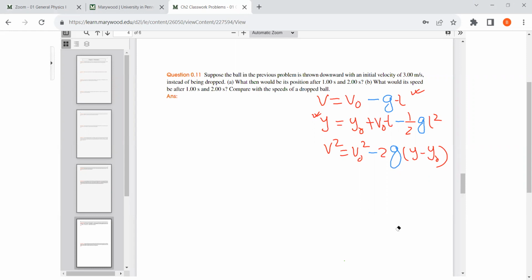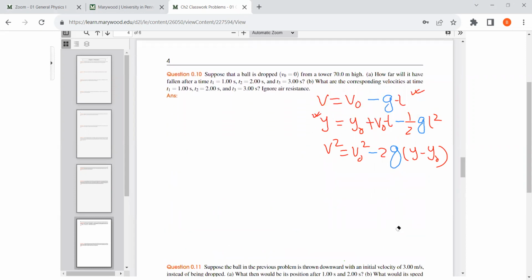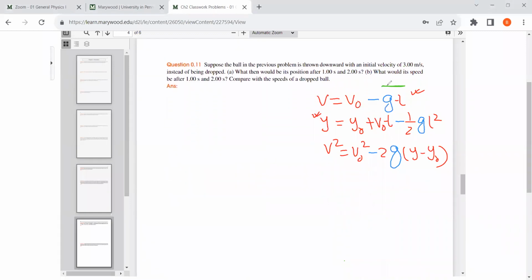But here it asks us to calculate the speed. In the last problem it asked us to calculate velocity, so what are the corresponding velocities? In this problem it asks us to calculate the speed, so we have to be a little bit careful.